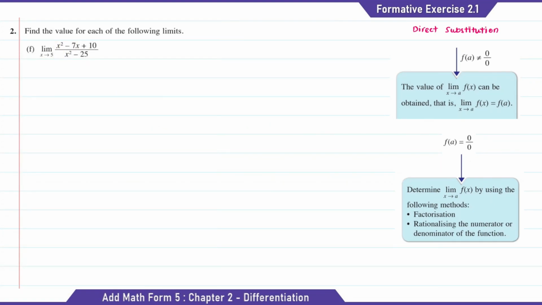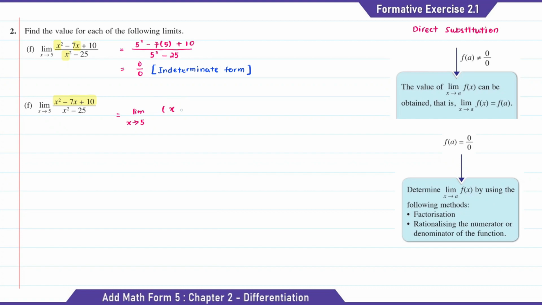Question F. As x approaches 5, then I'm going to substitute the x here with 5. The answer of this is 0 over 0. To find the limit for F, we need to factorize it. So first, we're going to factorize the numerator. This is equal to x minus 5, x minus 2.